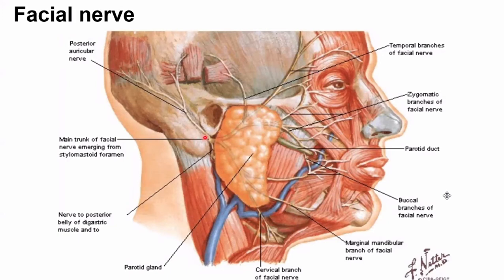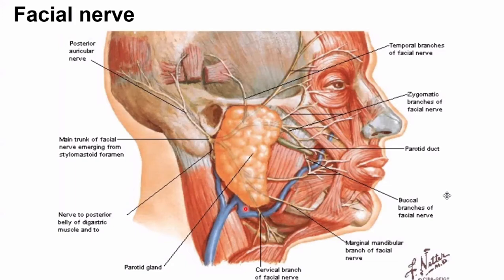And this facial nerve goes into the parotid gland. And inside the parotid gland, they branch off now. As I've mentioned, it goes to temporal, and there's also the zygomatic, buccal, marginal, and the cervical branch. So that's the appearance of the branching of the facial nerve inside the parotid gland.